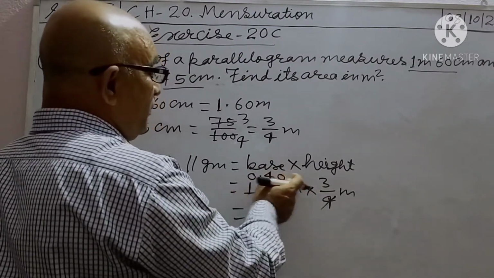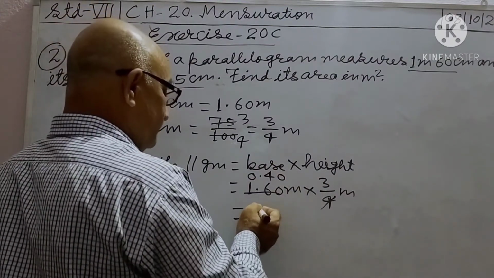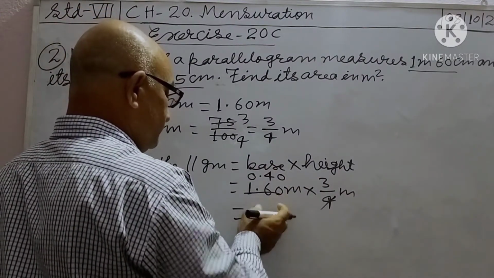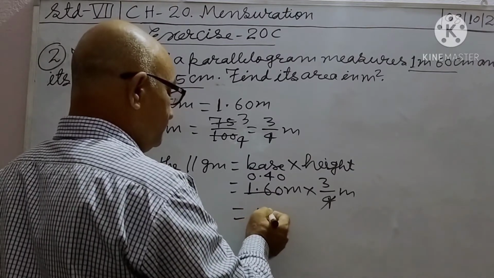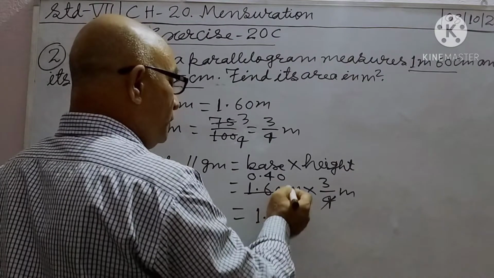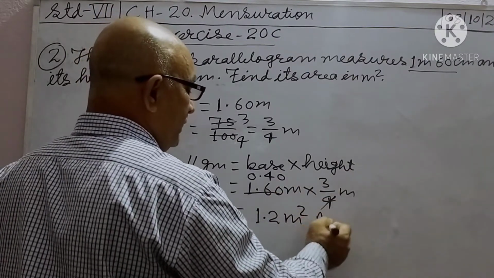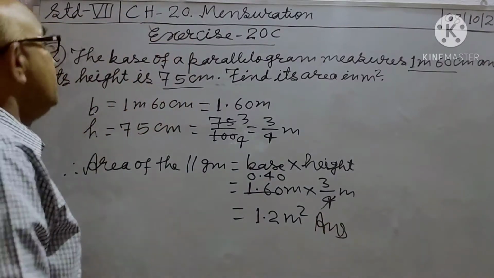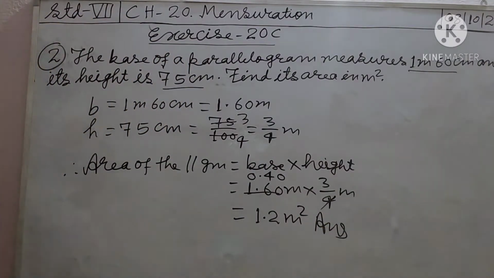Equal to 0.40 multiplied by 3, 4 threes are 12, so 1.2 meter square will be the answer of this question. Students, understand and write it.